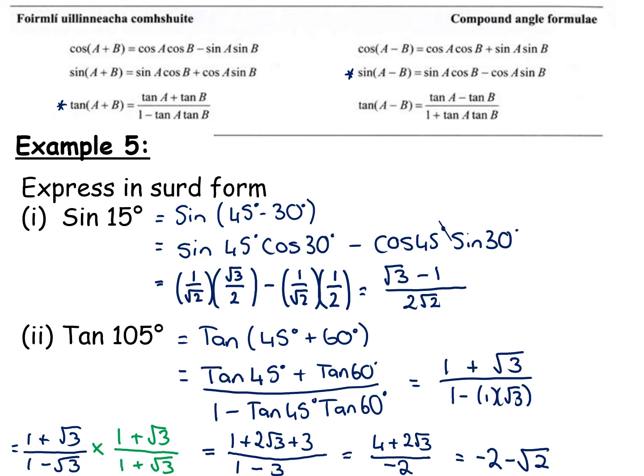All we've done here is divide minus 2 into 4 and get minus 2, plus 2 divided by minus 2 gives us a minus root 3. So again, minus root 3. So final answer is minus 2 minus root 3.